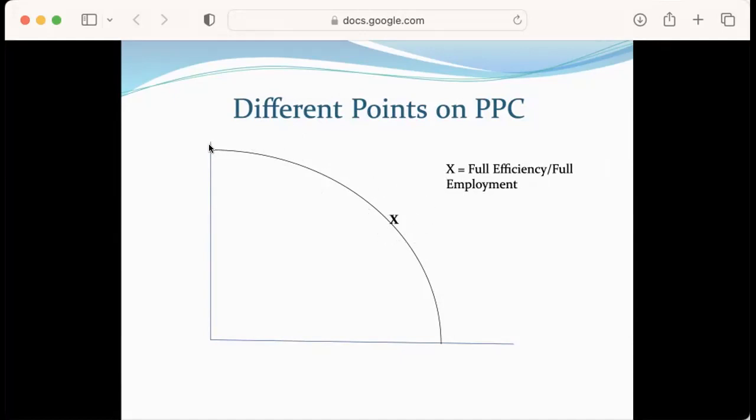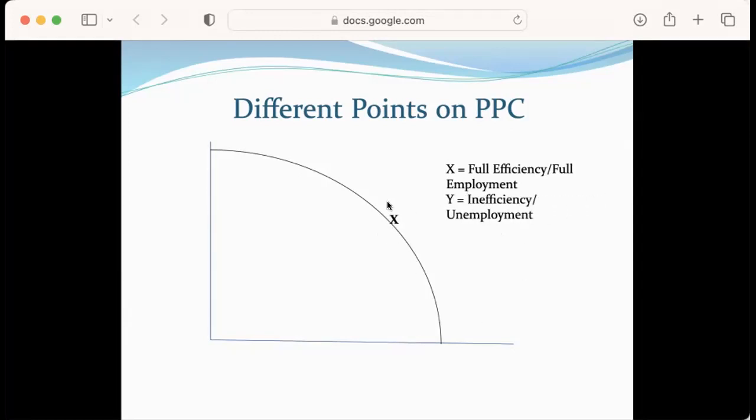If they are actually producing anywhere on the curve, either here, here, here, or here, anywhere on the curve, we call it full efficiency or full employment. That means this country is perfect. It can produce any point on the curve, and actually it is also producing on the same curve. So that's the actual output. That's a possible output. So the country is fully efficient.